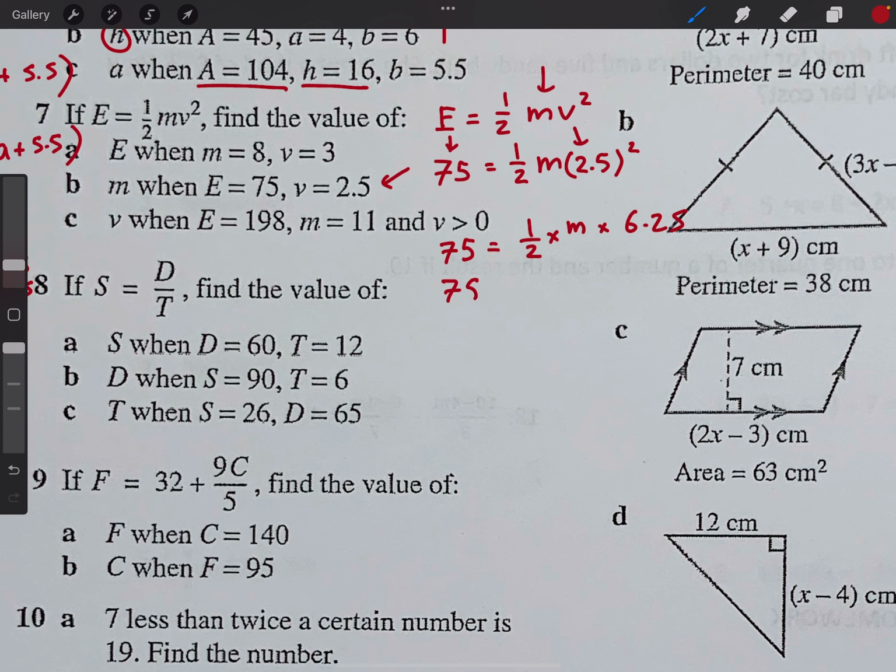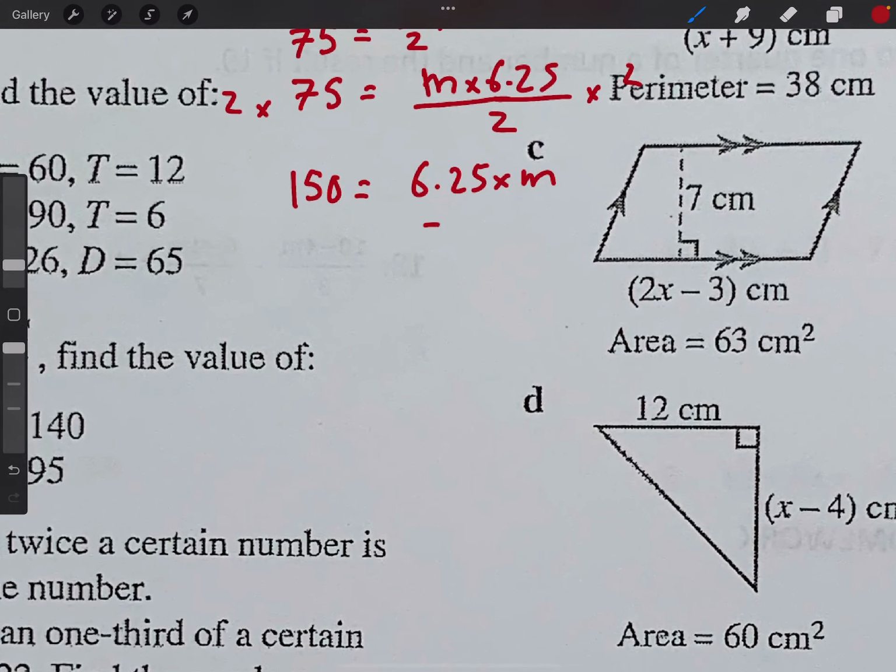Okay. So 75 is equal to, let me see, yeah, m times 6.25 divided by 2. So let's multiply everything by 2 first, get rid of that half. So it'll be 150 is equal to 6.25 times m.